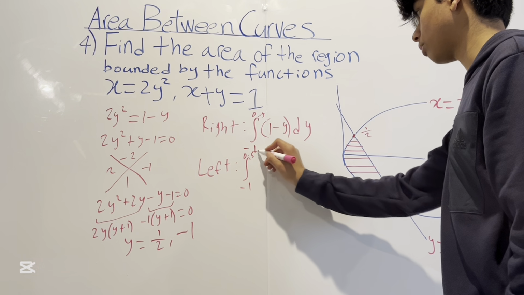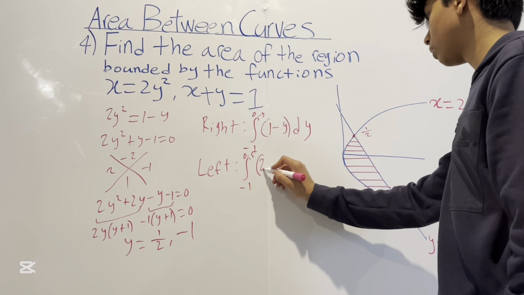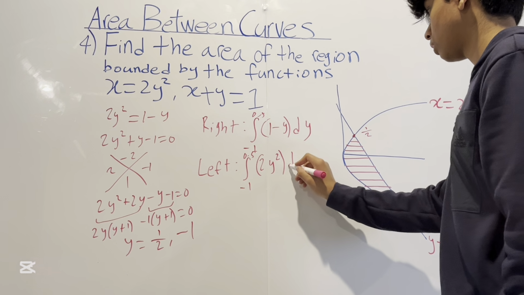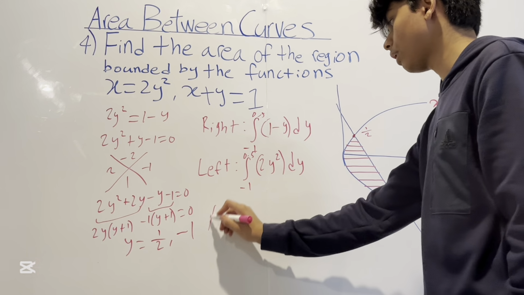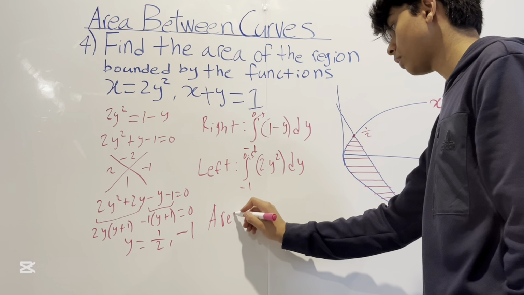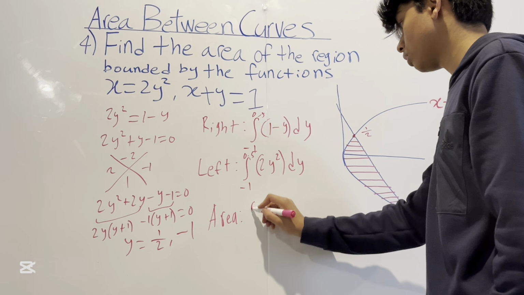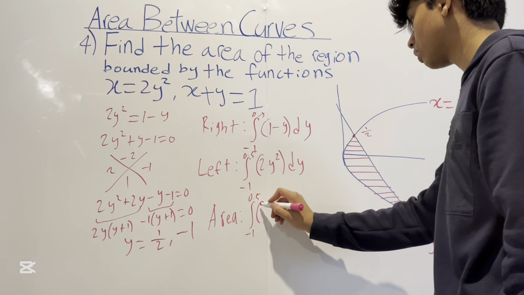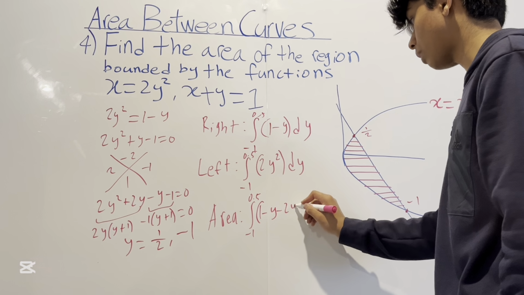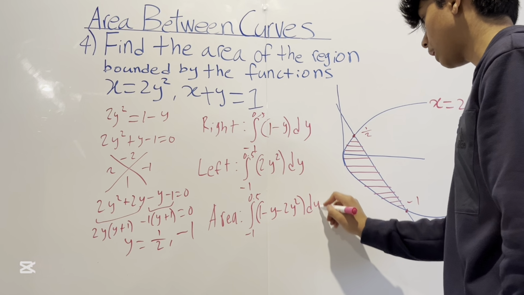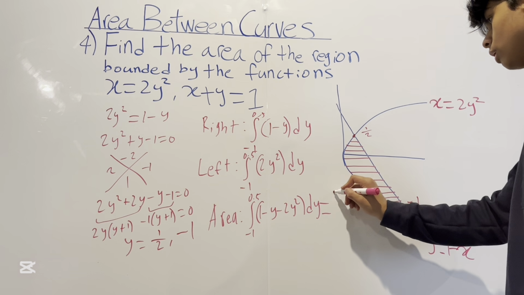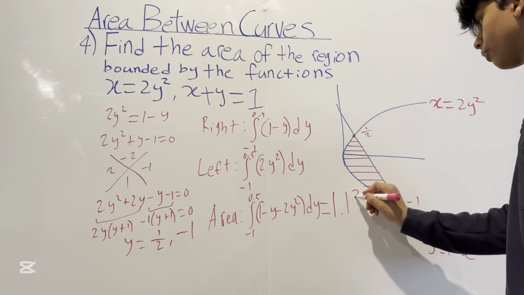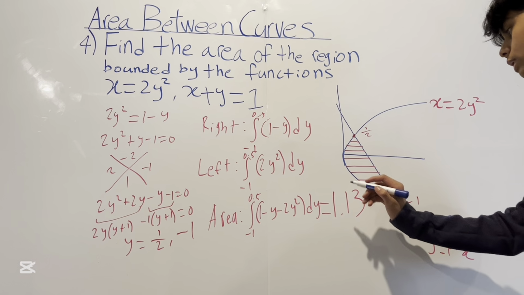So let's say 0.5 as well. And now our area is going to be right minus left. So from negative 1 to 0.5, right minus left is 1 minus y minus 2y squared dy. And if you plug this into your calculator, you should get 1.13. And this is our final answer.